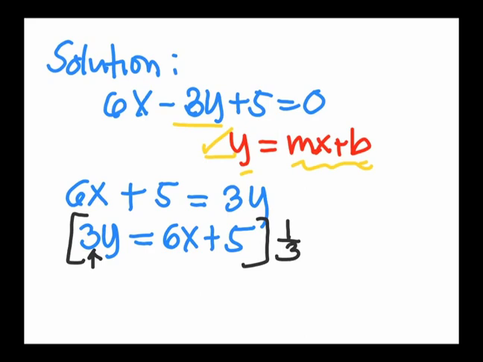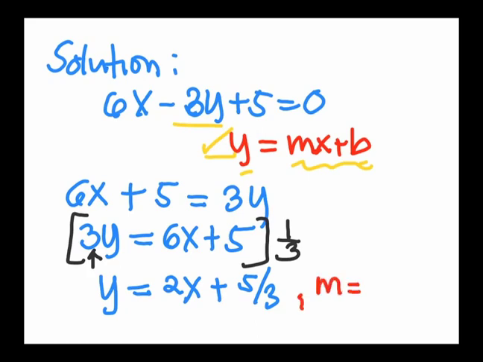So in the process, we'll now have y is equal to 6/3 is 2, so we'll have 2x plus 5/3.